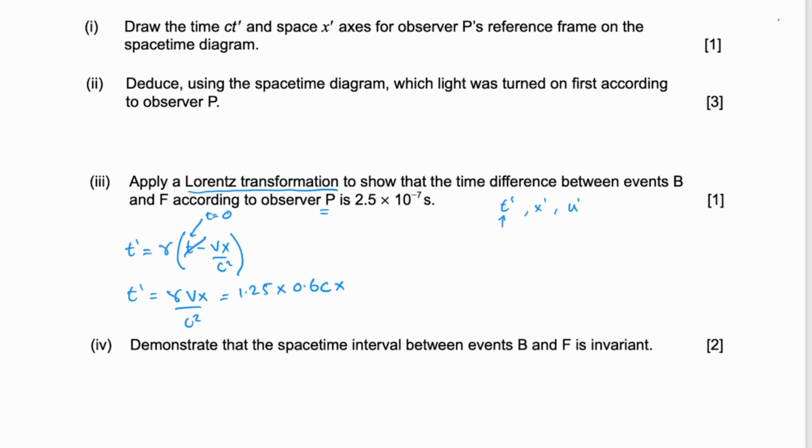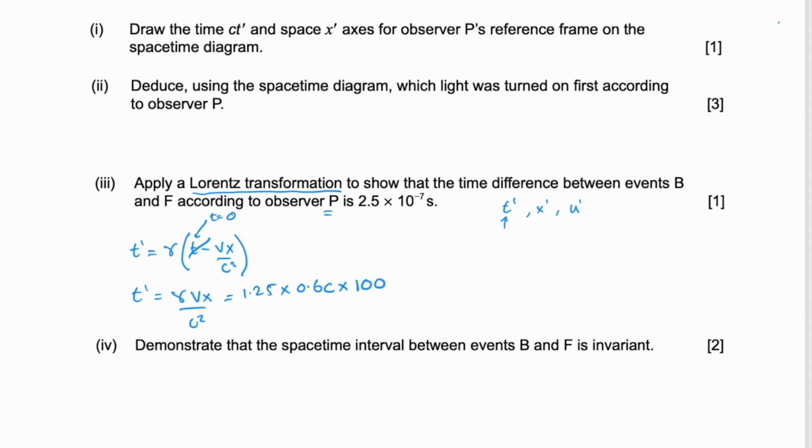The length we're going to use for x is the length according to the other observer, so that was observer Q. So that was 100 meters over c squared, so we can cancel out one of those c's. What we have is 1.25 times 0.6 times 100 divided by 3 times 10 to the 8, which gives us a value of 2.5 times 10 to the minus 7 seconds, as proven above.